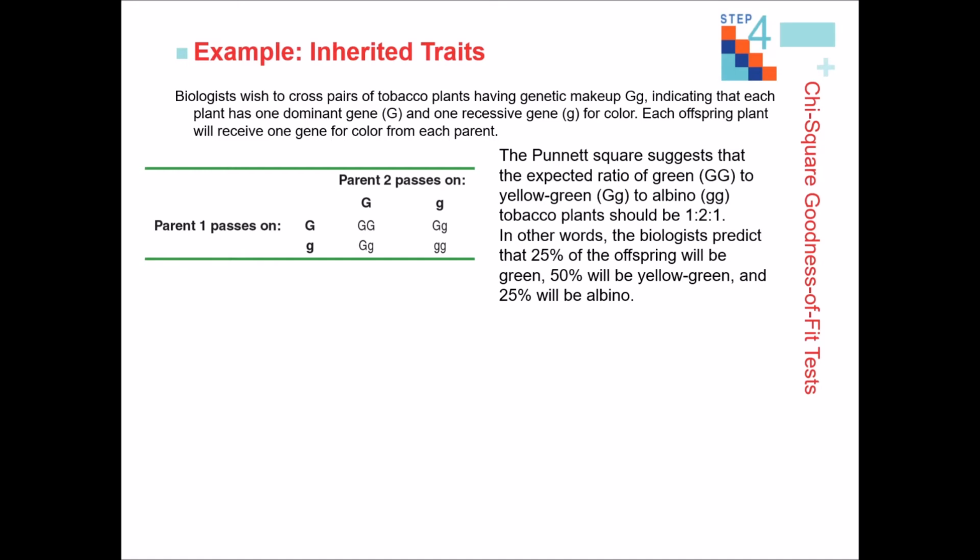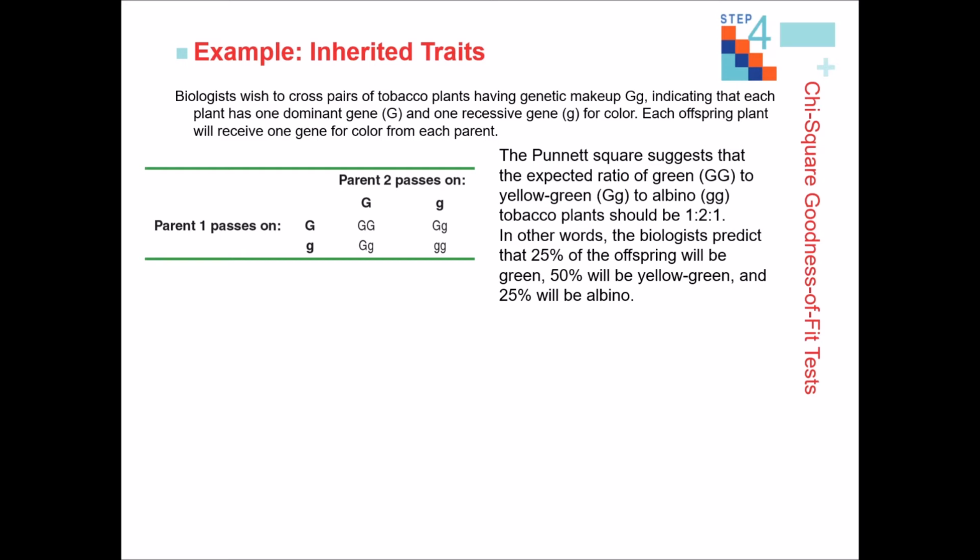Now, if the resulting plant is homozygous dominant, then it's going to be a green tobacco plant. If the plant gets dominant recessive, it's going to wind up yellow-green, and if it's double recessive, it's going to be albino. Now, the Punnett square suggests that we should see 25% green, 50% yellow-green, 25% albino.